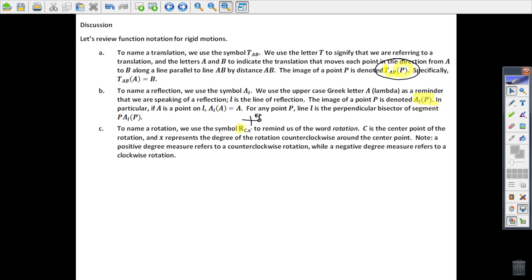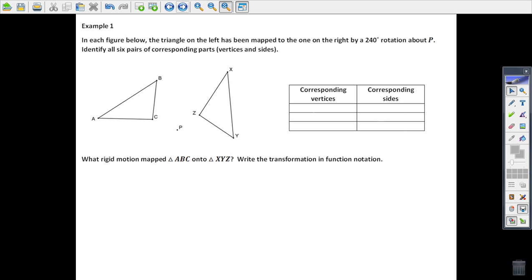Now that we've reviewed all of those, we can apply any of those to a transformation. So here we have a figure below on the left. It's been mapped to the one on the right by a 240-degree rotation around P. You have to identify all 6 pairs of corresponding parts, which are vertices and sides.